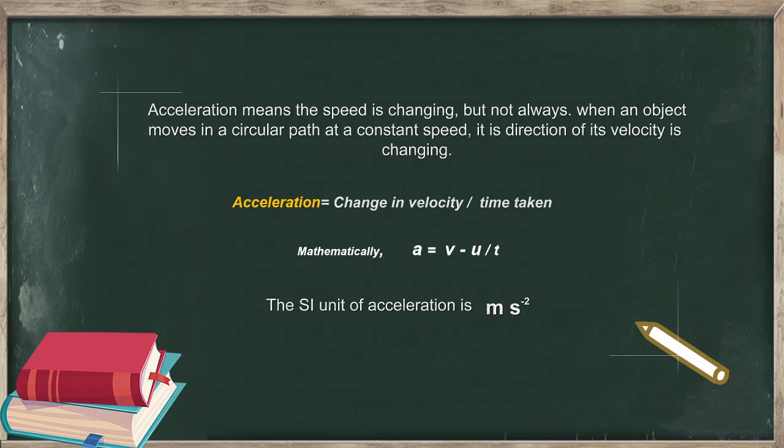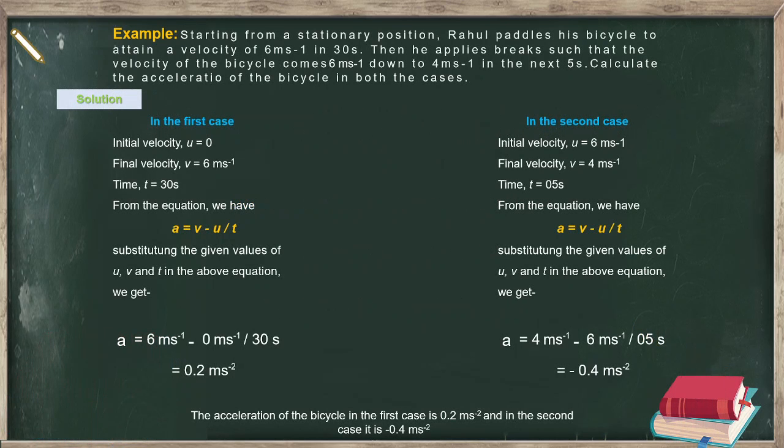This kind of motion is known as accelerated motion. The acceleration is taken to be positive if it is in the direction of velocity and negative when it is opposite to the direction of velocity. The SI unit of acceleration is meter per second squared, mathematically denoted by m s^-2.